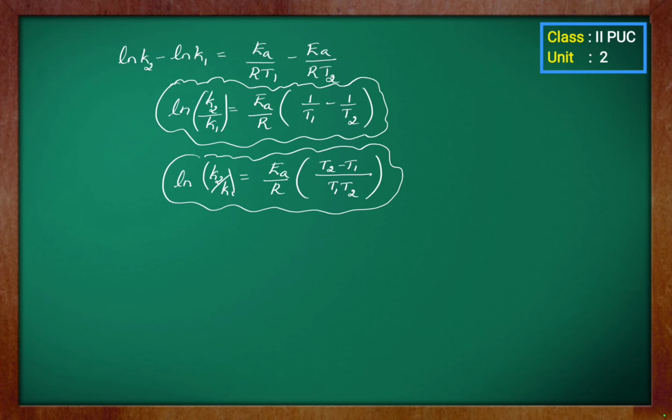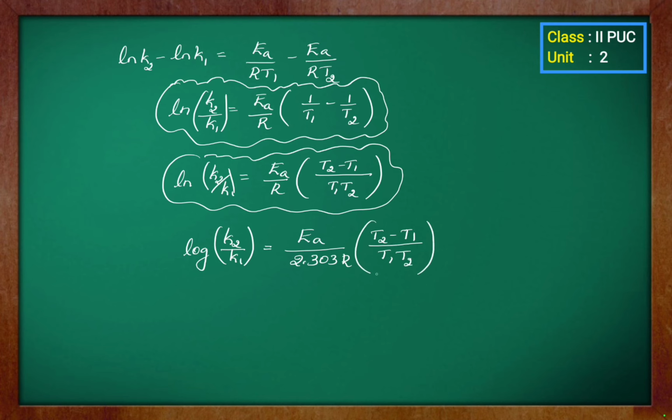Converting this natural logarithm to the base 10, I can write log k2 divided by k1 is equal to Ea divided by 2.303 R into T2 minus T1 divided by T1 into T2.